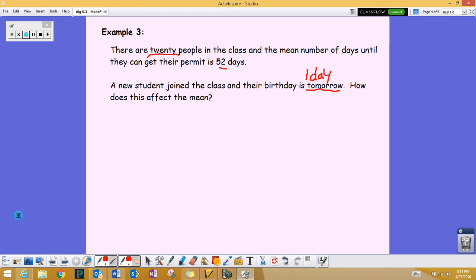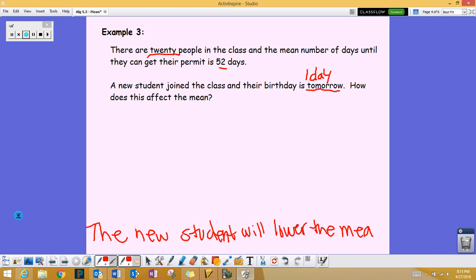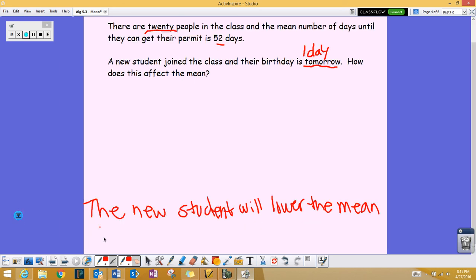Well, if they're closer than 52 days away, we know that the new student should lower the mean because 1 day is less than 52 days. They have a shorter wait.